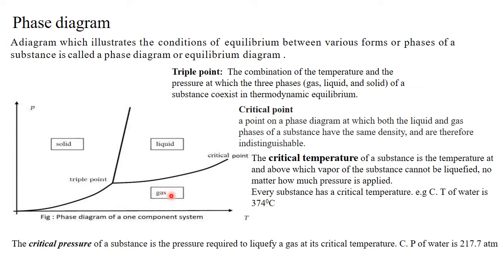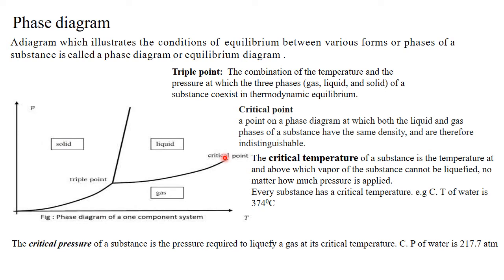If I draw a vertical line from this point, which meets the x-axis, I mean the temperature axis over here, the temperature at that point is called critical temperature. Similarly, the horizontal line drawn from the critical point which meets the y-axis, I mean the pressure axis, the pressure at that point is called critical pressure.